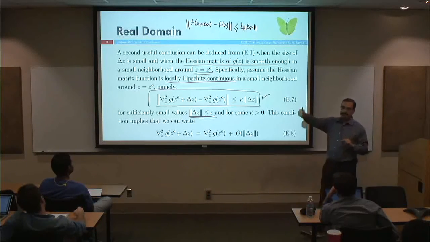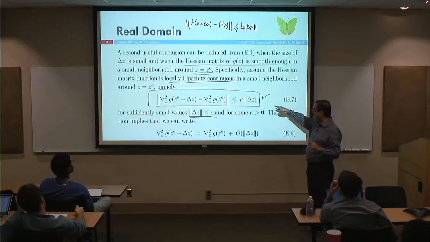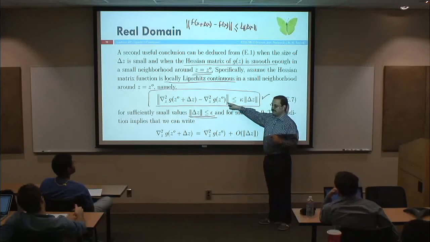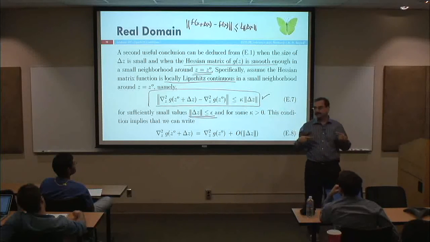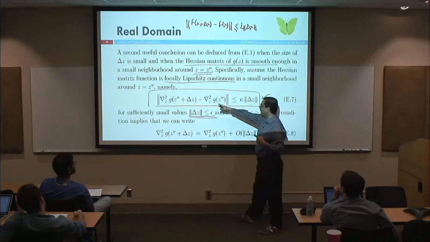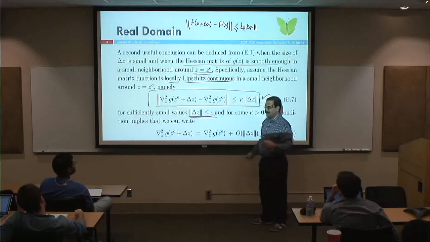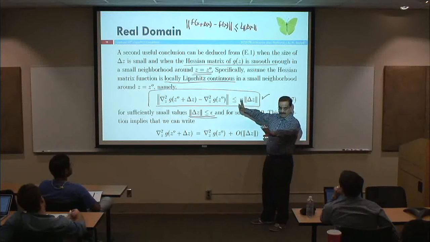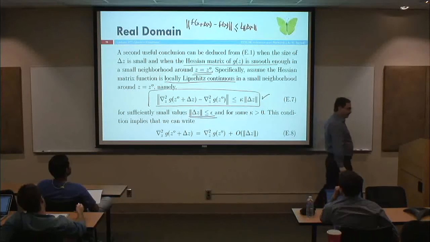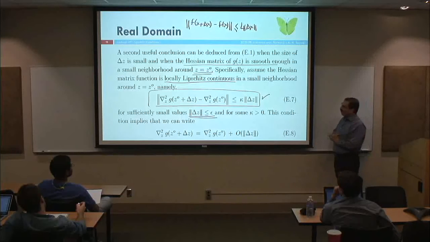Later I'm going to show you that if you require this condition to hold locally, it will turn out to hold globally as well, for any z and any delta z, for a different kappa. I will show this later. Let's not worry about that for now. So let's assume for now that my cost function satisfies this.